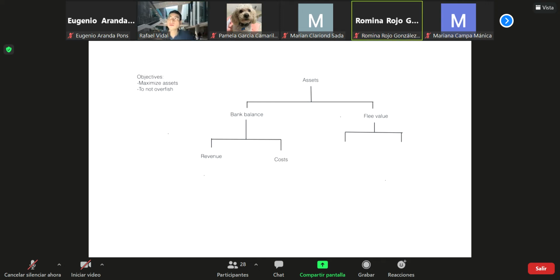What are the things you need to calculate, or the KPIs you need to calculate how much your fleet is worth? It's money. So my fleet value is, I don't know, 2,000 units of money. How do I calculate that amount of money?